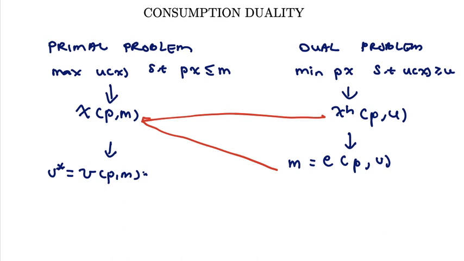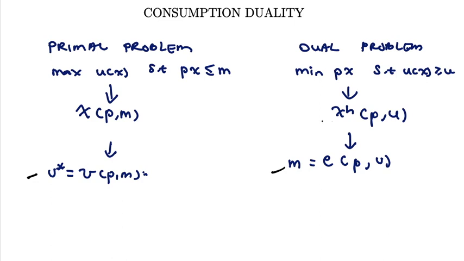So, recall, we can work backward from the indirect objective functions to get the Marshallian and Hicksian demand functions. Where are the indirect objective functions? They are this and this, because these two are indirectly derived from the Marshallian and Hicksian demand functions respectively.